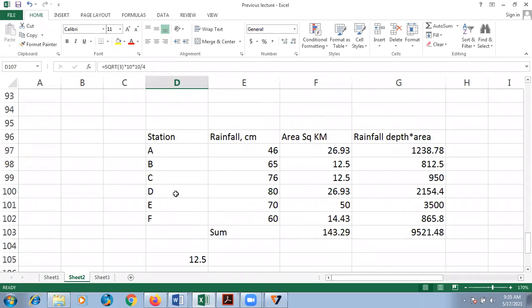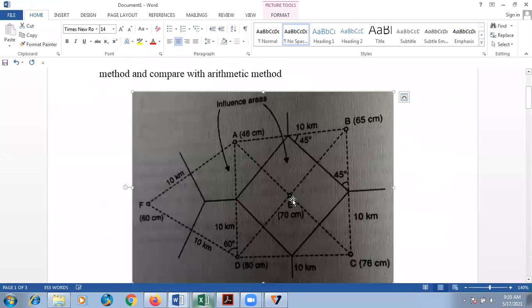And finally, we have to decide the area under the station D. The area under the station D, if you look into. So here, this is a square cornered by 4 triangles, each of area 12.5. Therefore, the bigger square has an area of 10 kilometer by 10 kilometer, 100 square kilometer.